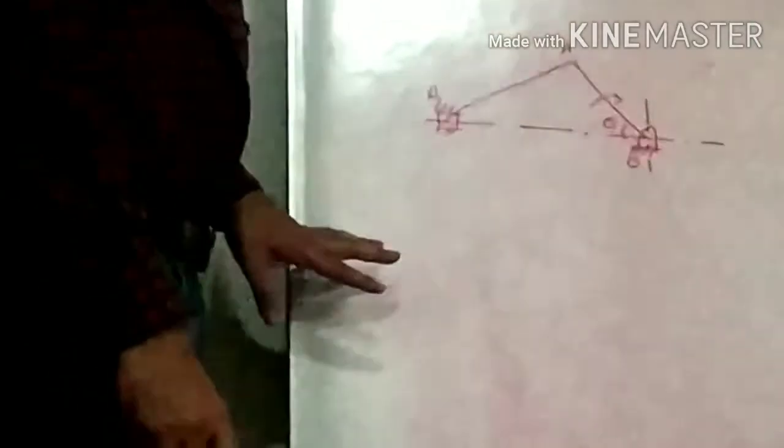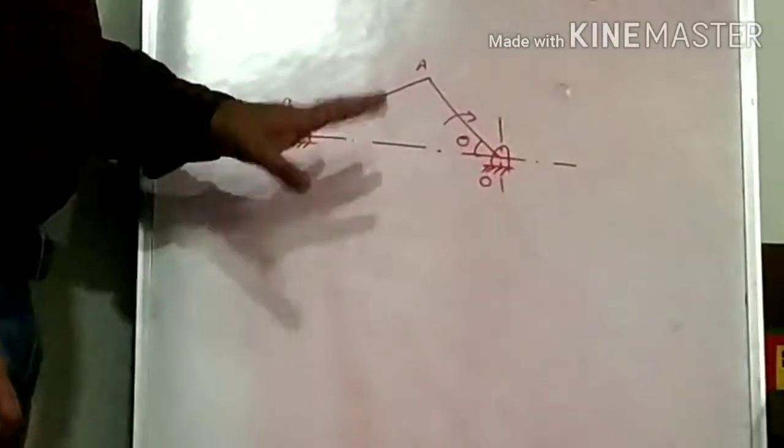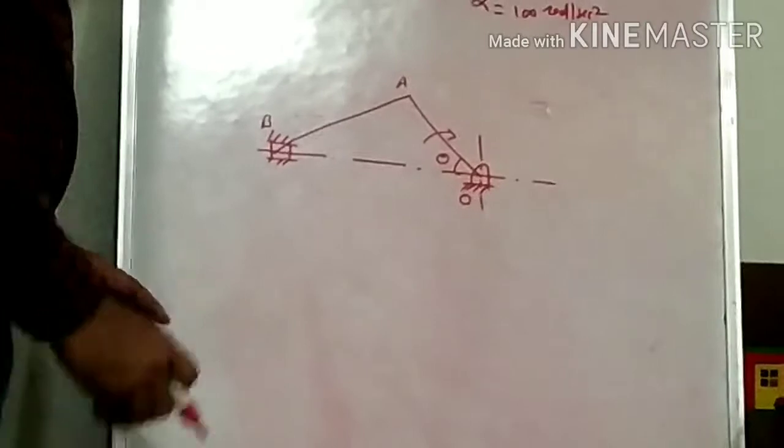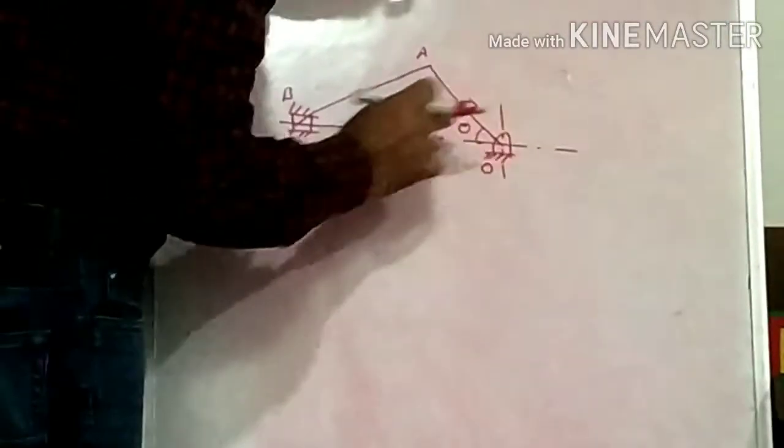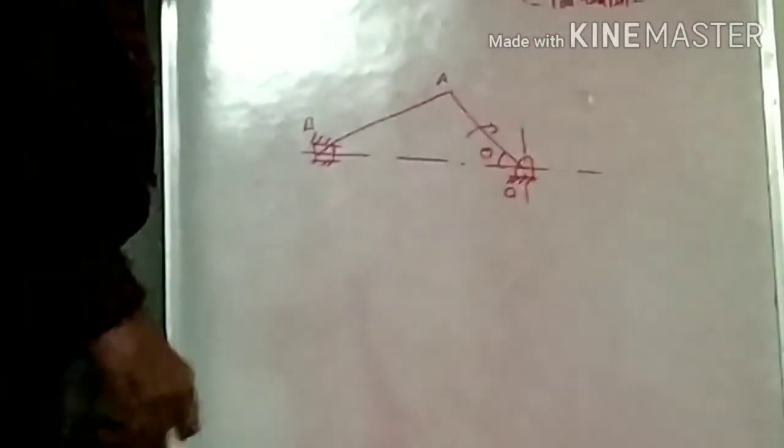Then what is the first step? First we have to draw the velocity diagram. What is the procedure? First we have to draw a line from point O, perpendicular to the line of stroke OB.